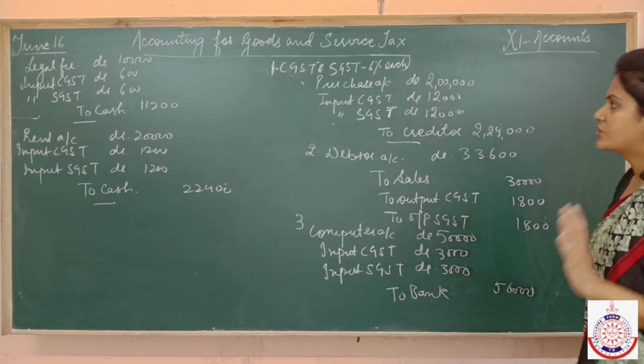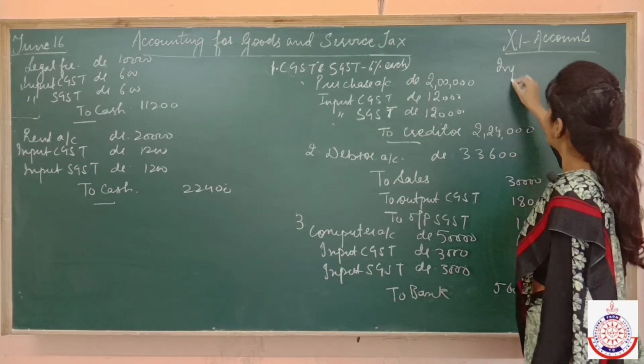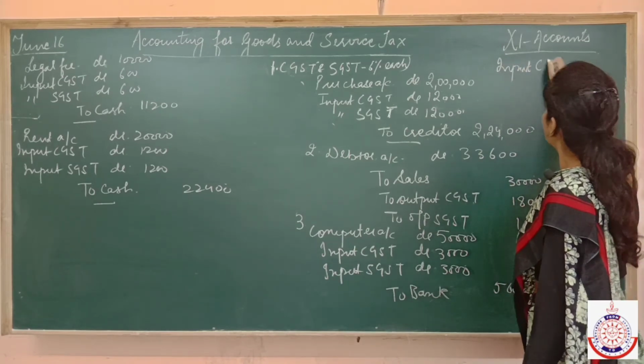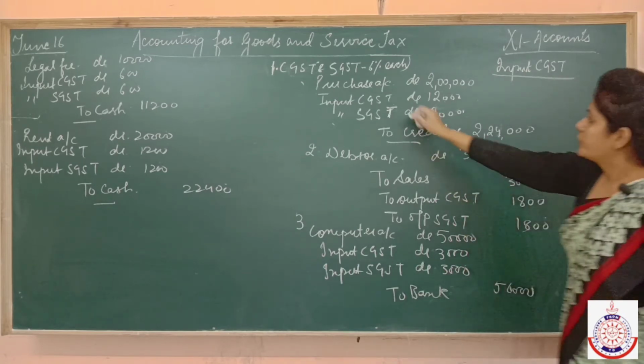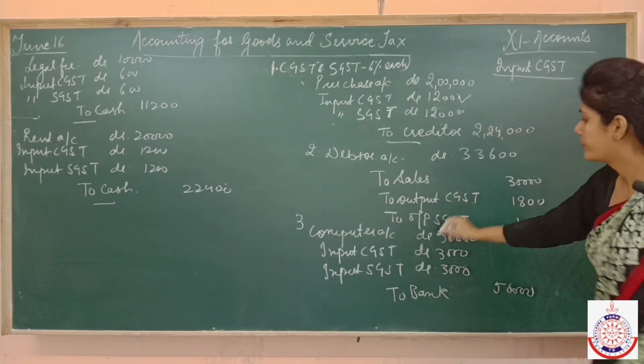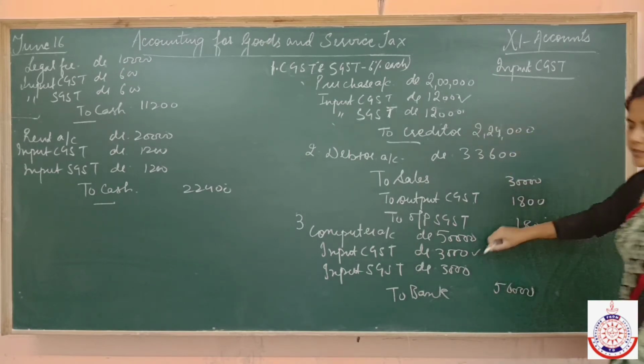So first of all, we'll check how much total input CGST we have paid. Let's check. Input CGST 12,000, input CGST 3,000. 12 plus 3 is 15,000.